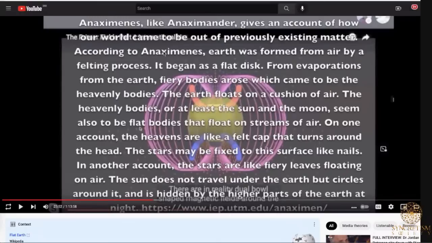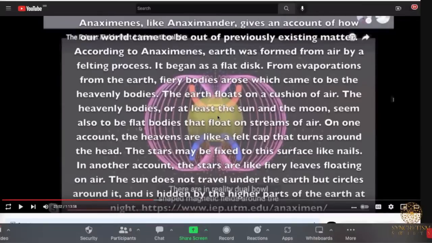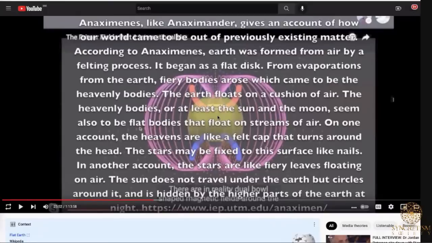Anaximenes said that, but Anaxagoras, his teacher, said it was not air, it was water. So they both argued, and all the Greeks have been arguing, is it water or is it air? What is the Earth? What is causing these torus fields and this massive Earth, which is a torus field, to just stand still in whatever substance it is, whether it's water or air?